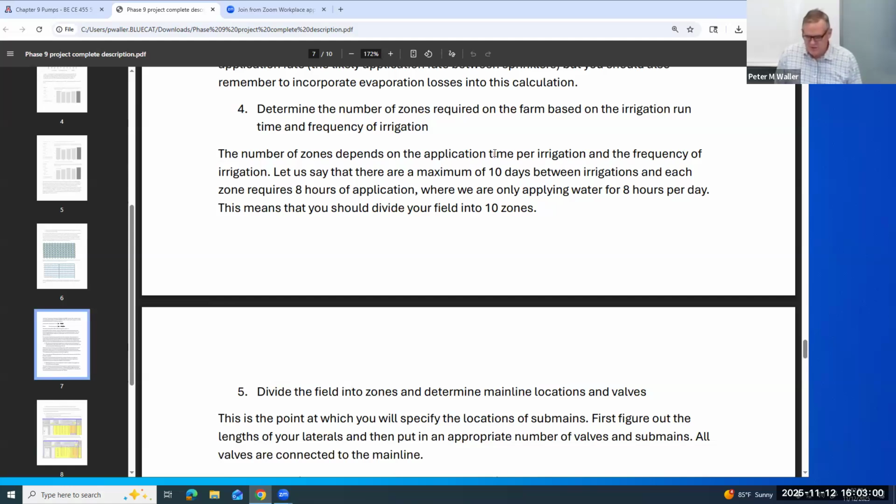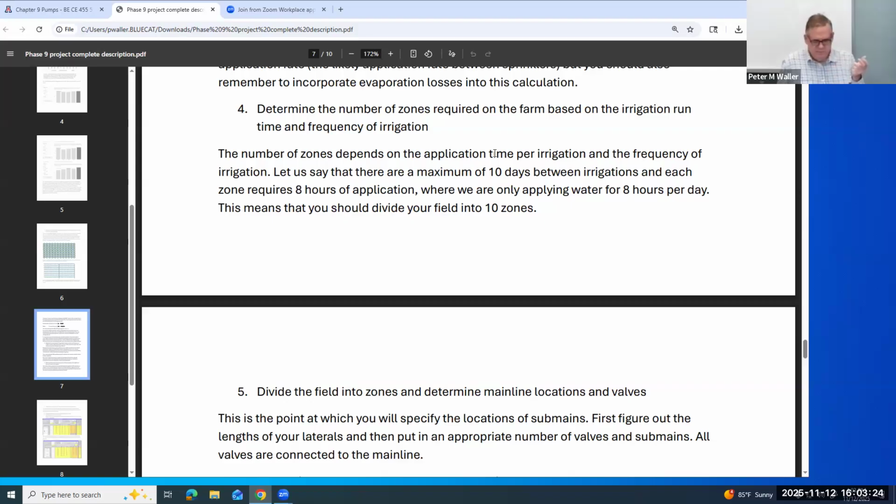Determine the number of zones required on the farm based on the irrigation runtime and frequency of irrigation. So the number of zones depends on the application time per irrigation and the frequency. Let's say there's a maximum of 10 days between irrigations, and each zone requires 8 hours of application per irrigation cycle.